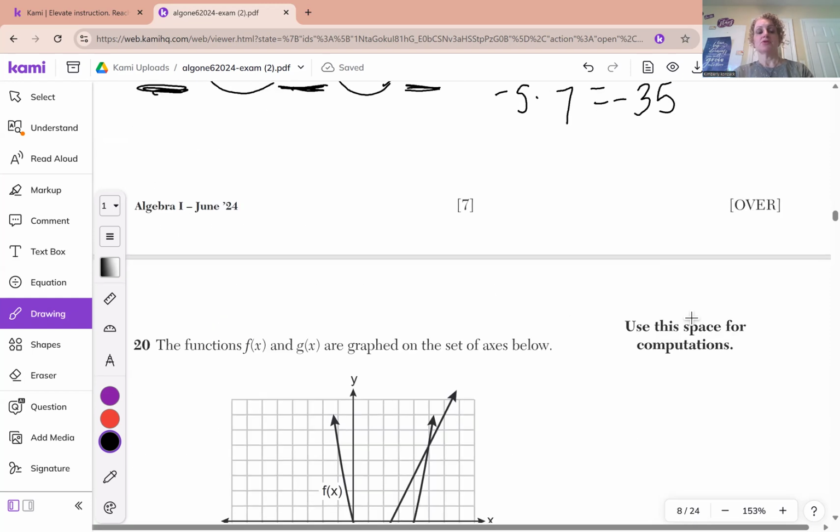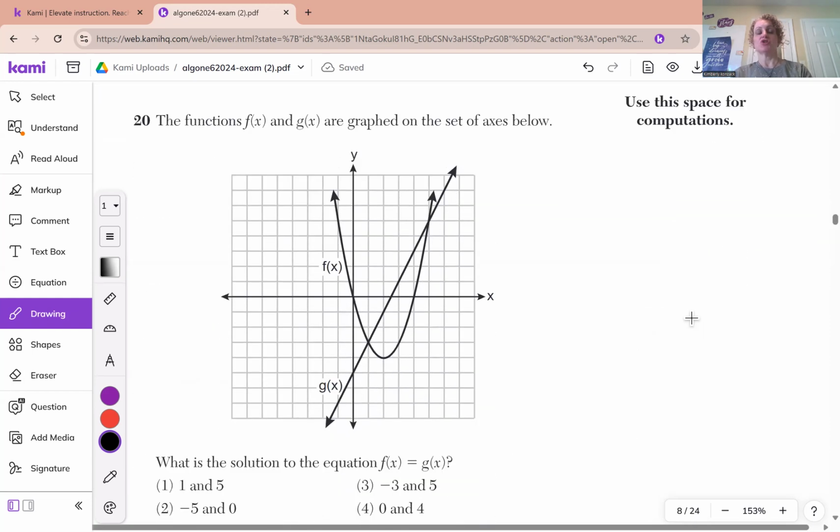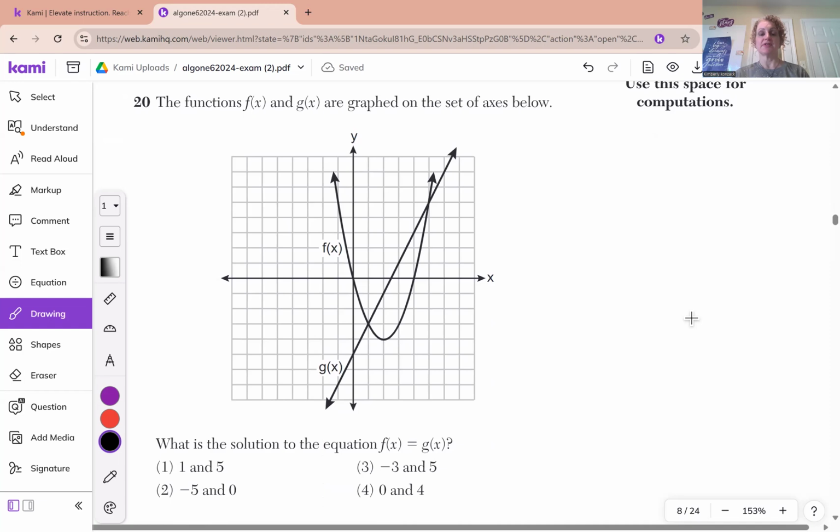Okay. 20, here we go. The functions f of x and g of x are graphed on the set of axes below. What is the solution to this equation? Okay, it's saying what are the x values when the y's are equal? So they intersect here and here. Those are solutions.